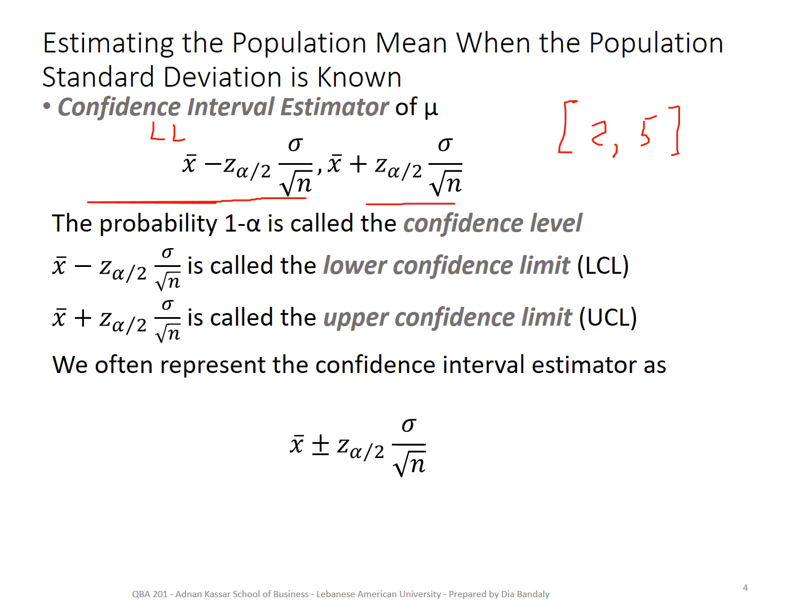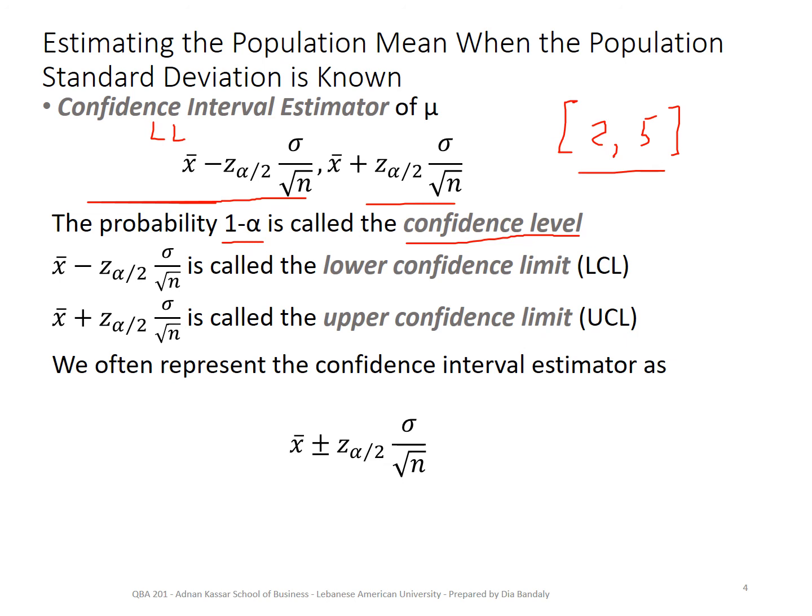Okay, now let's have some formal definitions of some terms. What do we mean by 1 minus alpha that we used previously, which was the probability, right? We call that the confidence level. So, for example, I'm 95% confident that this interval contains a certain parameter.